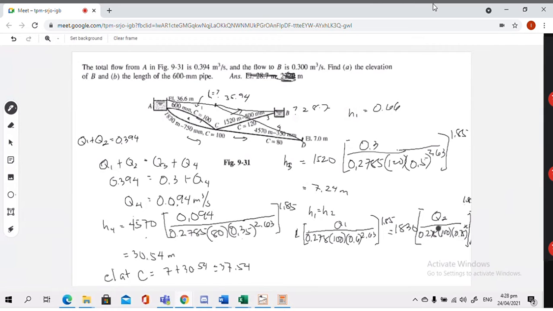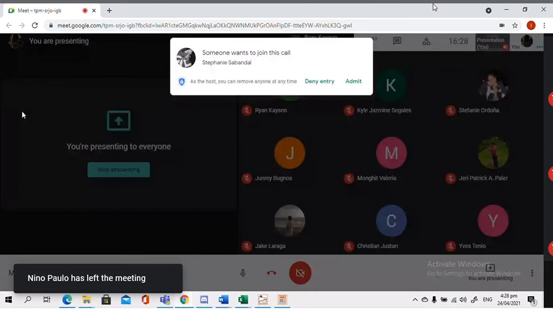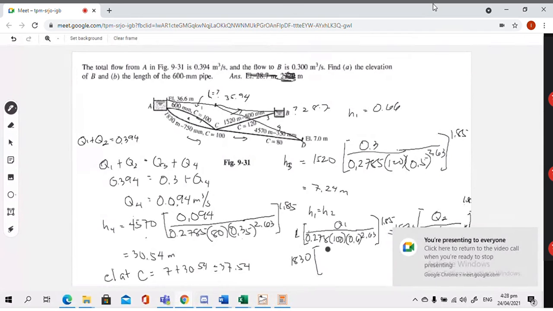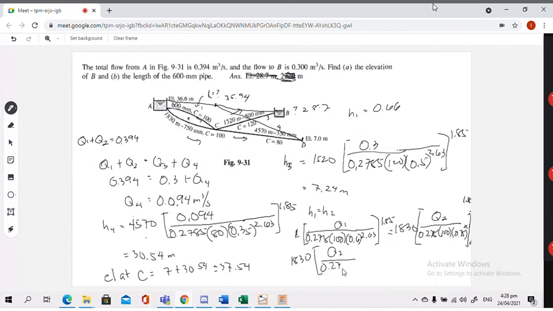So we equate these to get Q2. 1830 times Q2 is equal to 0.2785 times 100 times 0.75 to the 2.63 to the 1.85, equated to 0.66. You can also use shift solve.